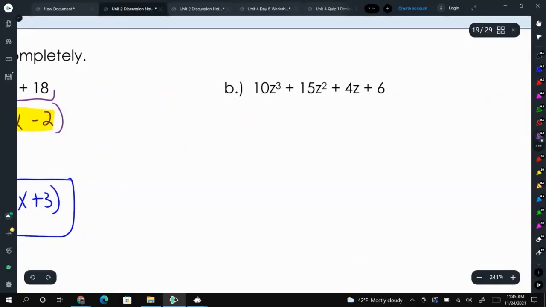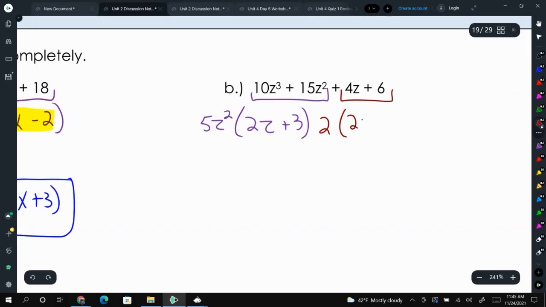Letter B. We can factor out a 5, and we're left with 2z. Sorry, we can factor out a 5z squared. And we're left with 2z plus 3. And then we can factor out a 2, and we're left with 2z plus 3.